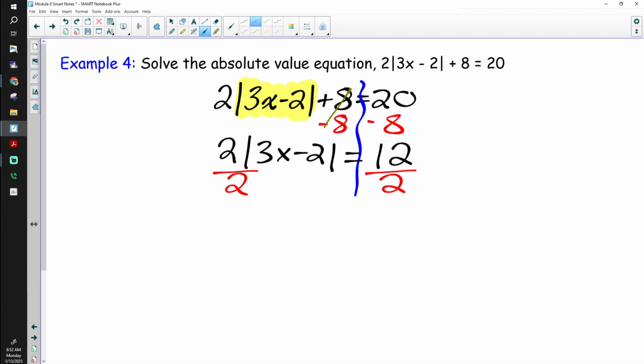Right? And we don't need to write the 1 because what's 1 times something? Whatever it is, it stays the same. So that 2 is gone. We got 3x minus 2 in absolute values equals 6. And now the absolute value is all by itself, and now you can set up case 1 and case 2.